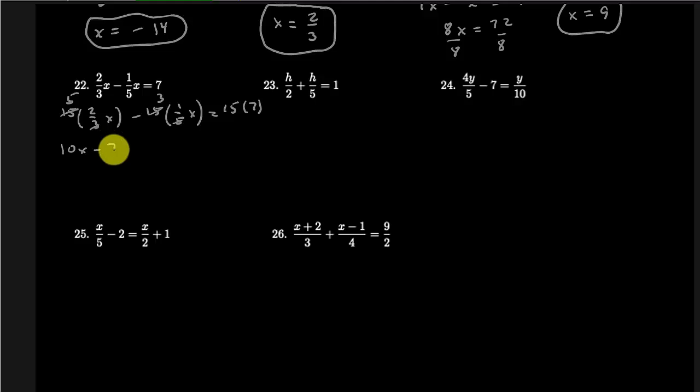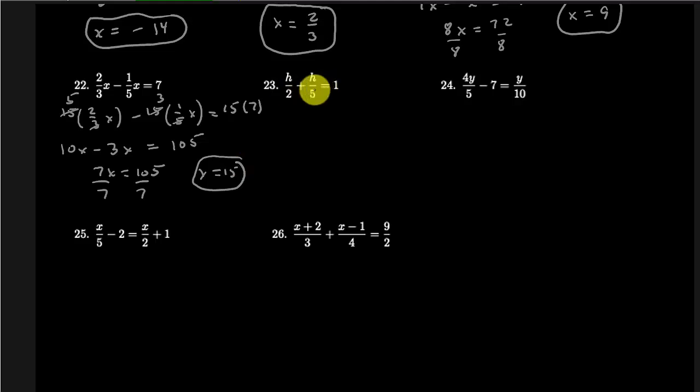I'll be left with 3. So that's 3x equals, and then 15 times 7 is 105. So that's going to give me 10x minus 3x is 7x equals 105. Divide everything by 7. And I get x is equal to 15.